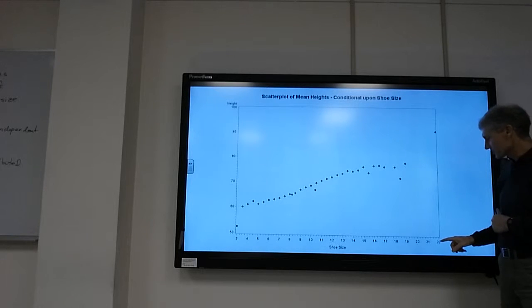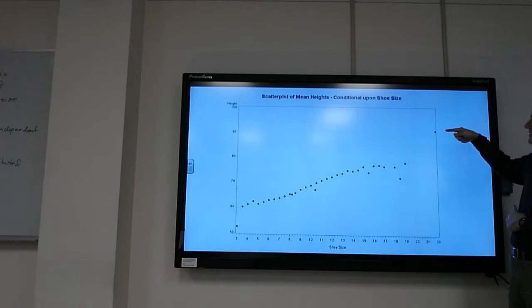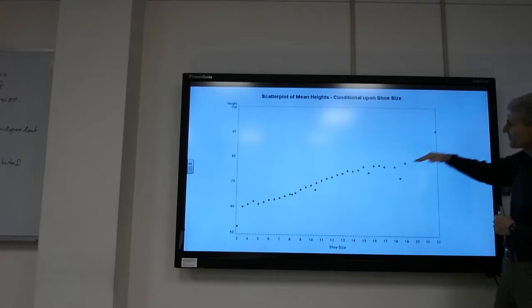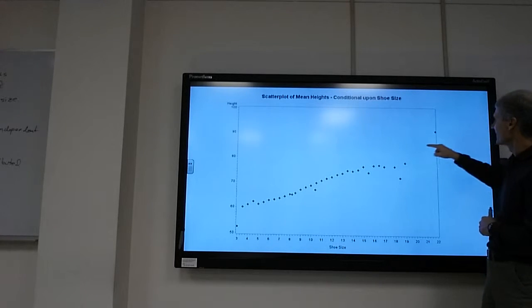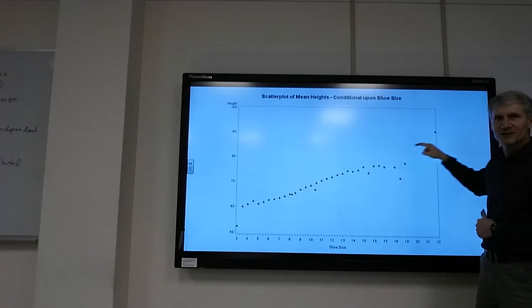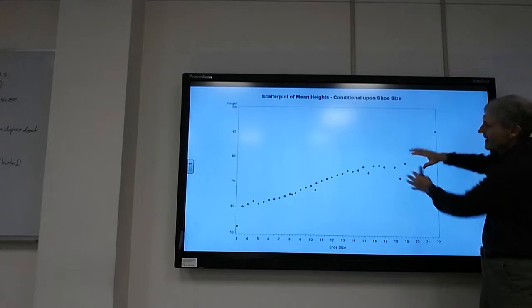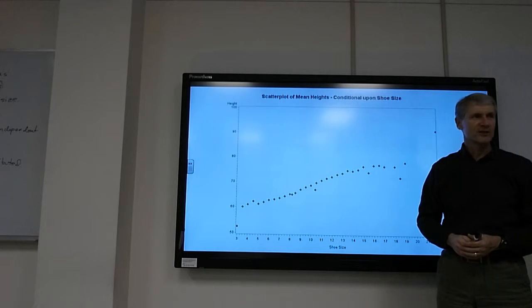There is one person in the data with a size 22 shoe who was 91 inches tall. That's 7'7". But notice that if I ignore this tailing off here and bring that line, they're pretty much where you would expect. So without that, in the main part of the data, it's a very linear relationship.